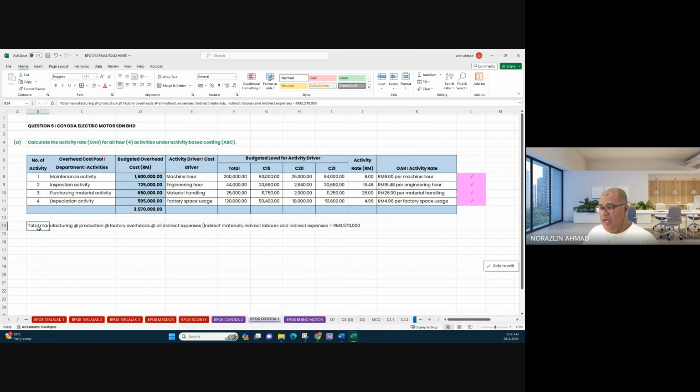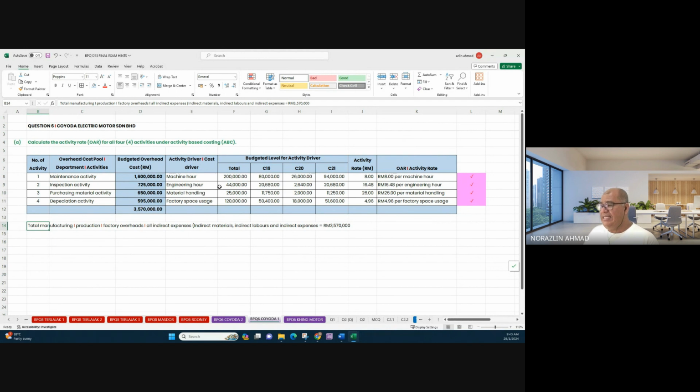Okay. This one, budgeted overhead cost. Okay, we call it total manufacturing or production or factory overhead. This one is all indirect. As I mentioned with you earlier, you can call it whatever name you want. It will give the same meaning. Total manufacturing overhead, total production overhead, total factory overhead, giving the same meaning.